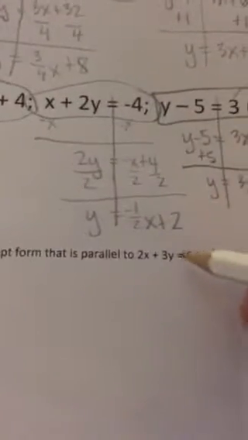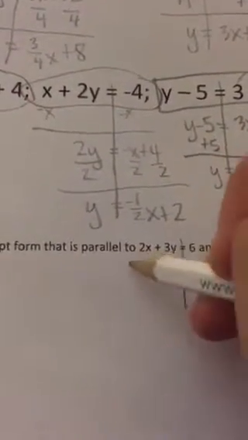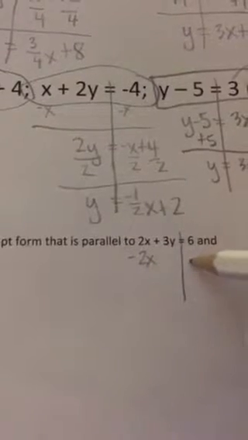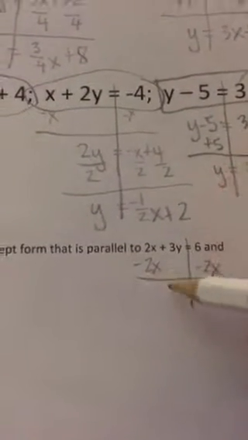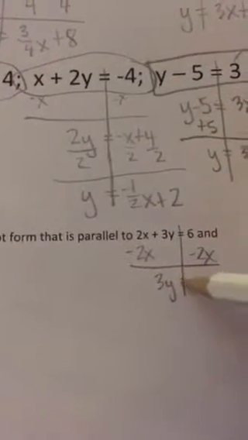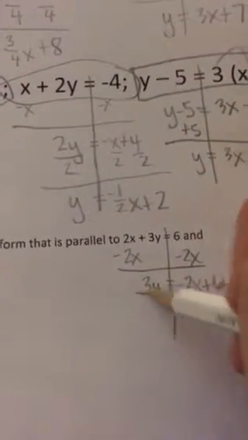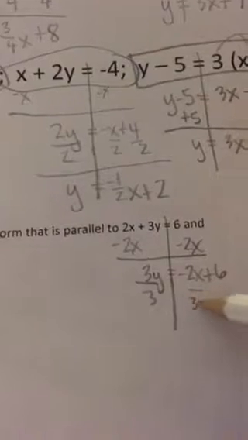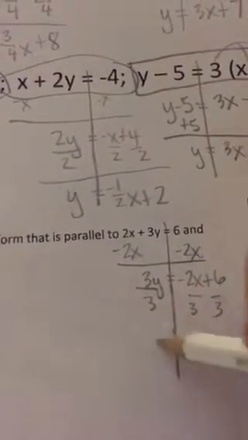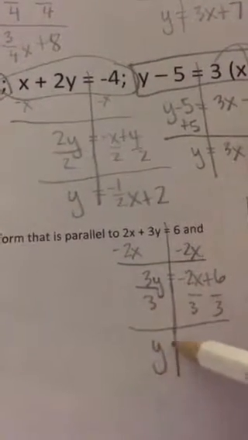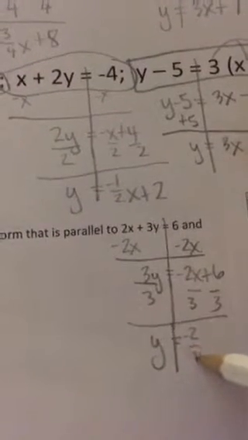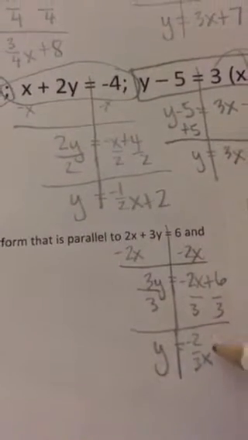So to do that, I'm going to put it in slope-intercept form. So I'm going to subtract 2x from each side. So I would have 3y equals negative 2x plus 6. Divide by 3. So y equals negative 2/3 x plus 2.